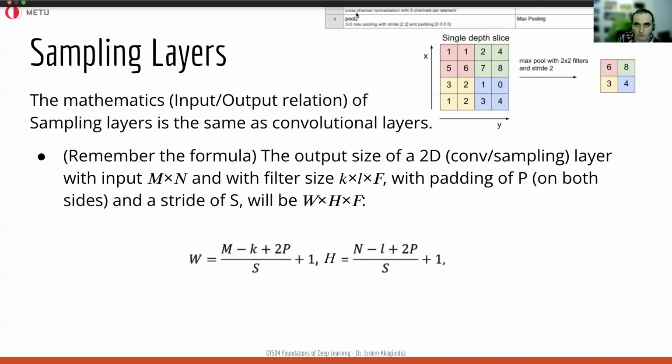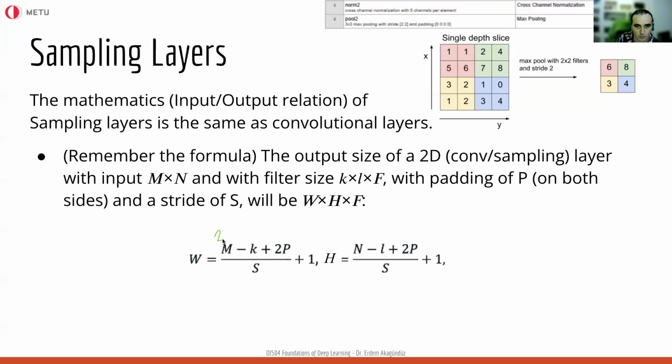I'm doing this for this layer. 27 minus 3, no padding, stride is 2, plus 1. So it makes 24 over 2, 12, plus 1, 13. It is calculated no different than a convolutional layer, the same formula, okay?